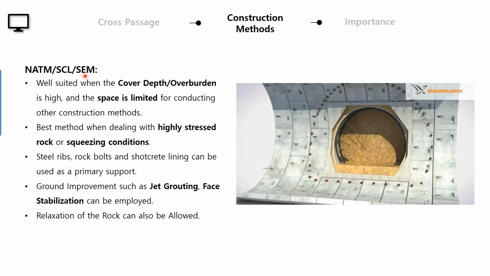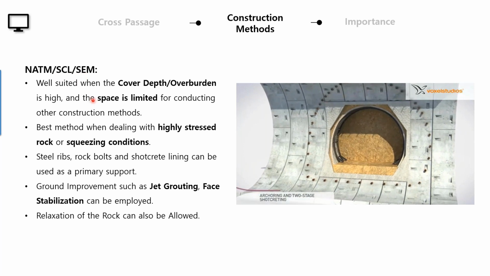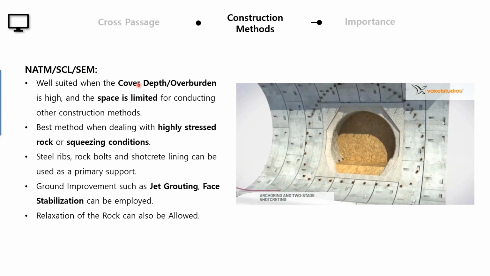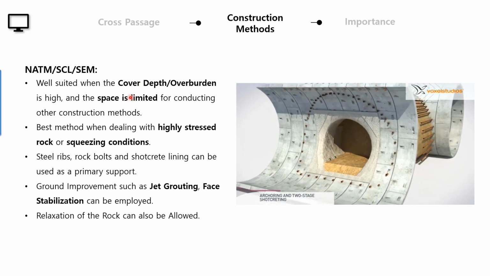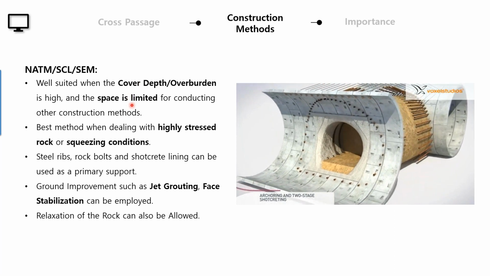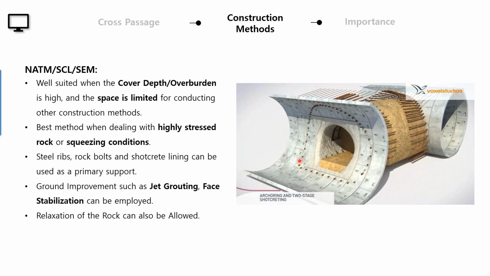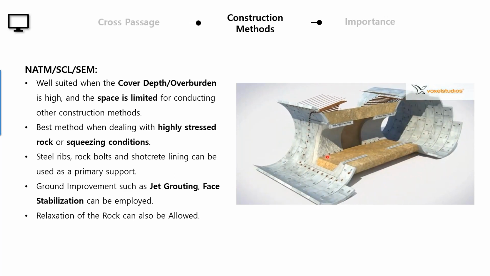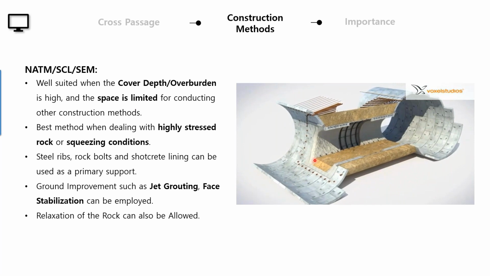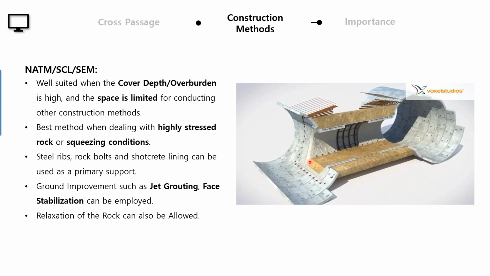Yeah, but the idea is it's well suited for large depth or when the overburden is very high, and we have very little space on the ground surface. Also when you have very little space in the main tunnel, wherein you cannot go ahead with the tunnel boring machine or any other methods, in that case, this NATM method is much more suitable.